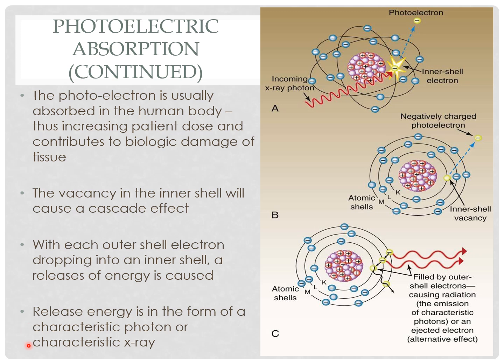Another thing it could also create is called an Auger electron, which is not a characteristic photon or characteristic X-ray, it's just an electron. But when you have free-floating electrons that go through the body, if one combines with something else, it could form something that could harm. Again, the X-ray photon comes in, hits an inner shell, a photoelectron comes out, then the cascading effect, more photons or electrons are ejected.